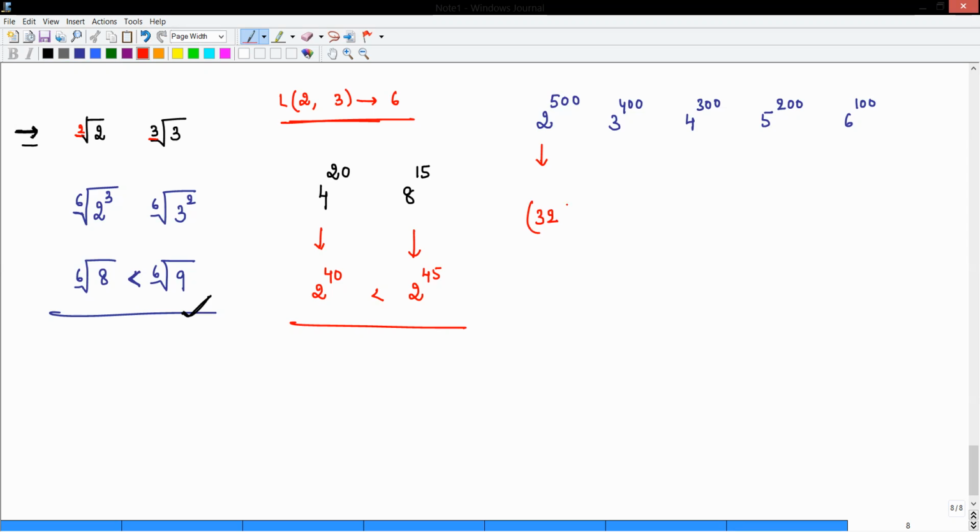So you can write 2 power 5 to the power of 100, 3 power 4 to the power of 100, 4 cube to the power of 100, 5 square to the power of 100, 6 to the power of 100. So I would say first 6 to the power of 100 is the lowest of them, then 5 power 200, then 2 power 500, then 4 power 300.